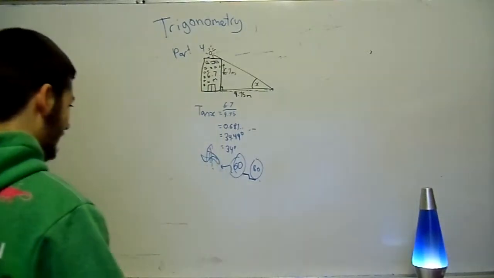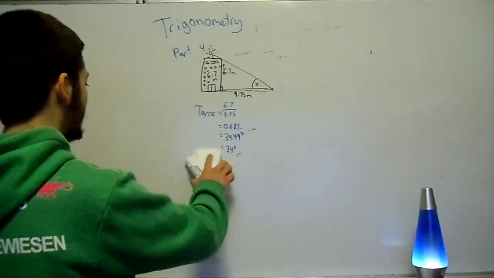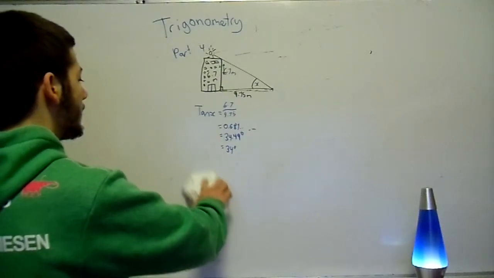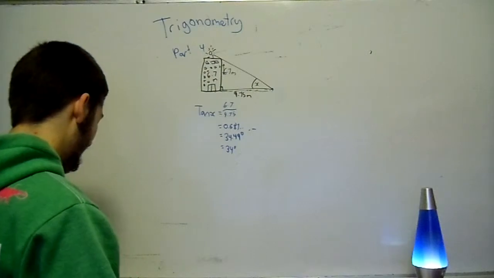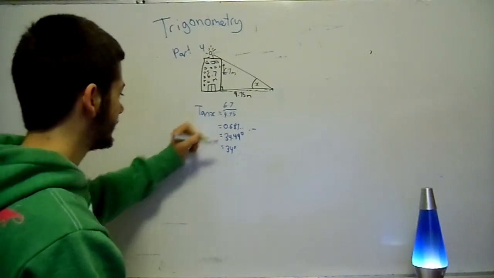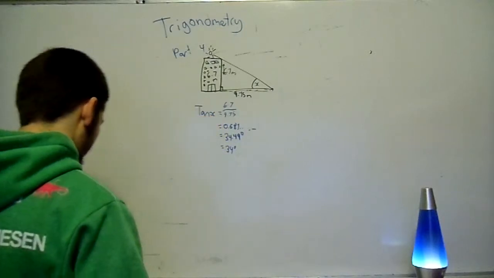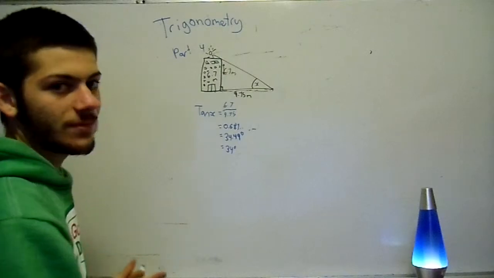You can have infinite values there. And yeah, so you'd round to the nearest degree, and that'll just give you 34 degrees. Awesome.